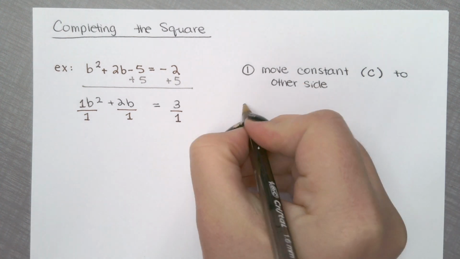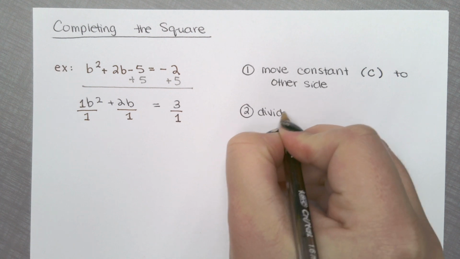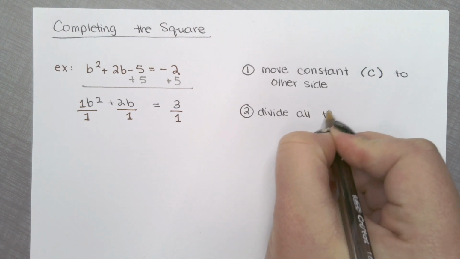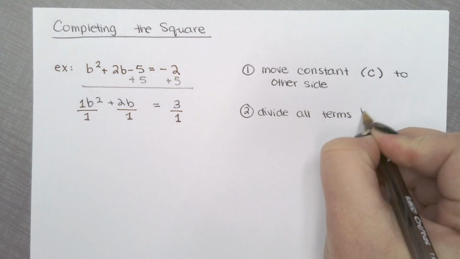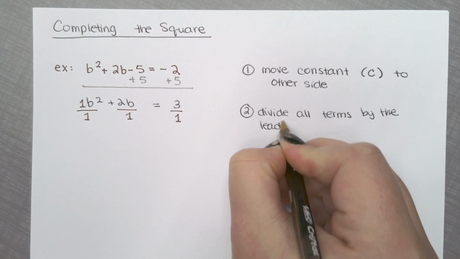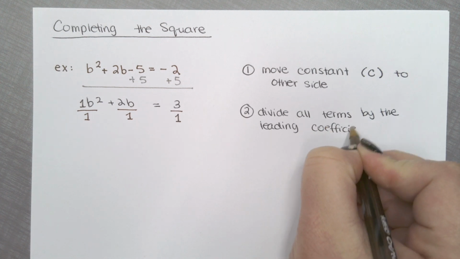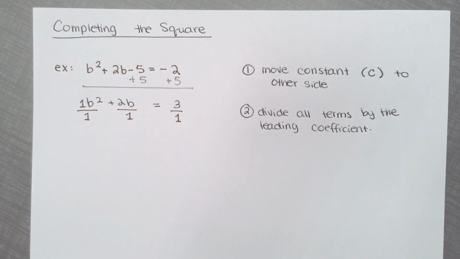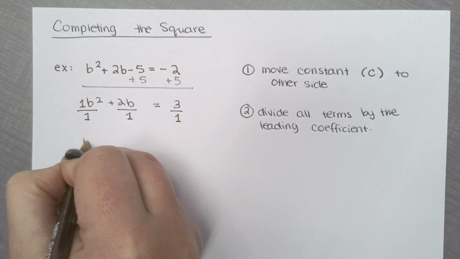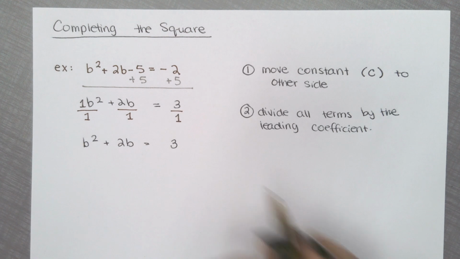So step number 2, divide by your leading coefficient. And we end up with the same thing. b squared plus 2b is equal to 3.